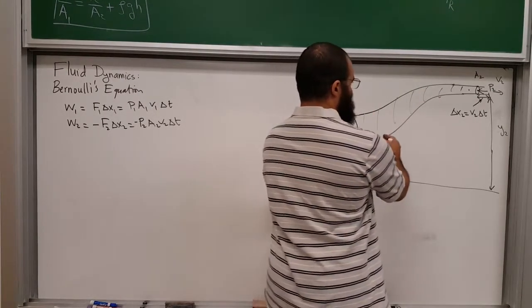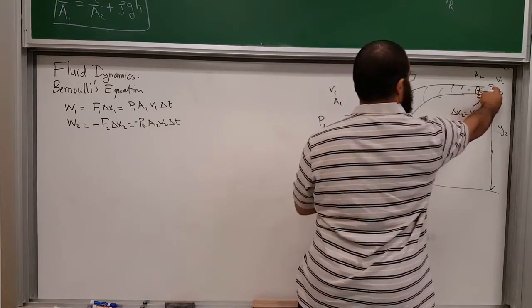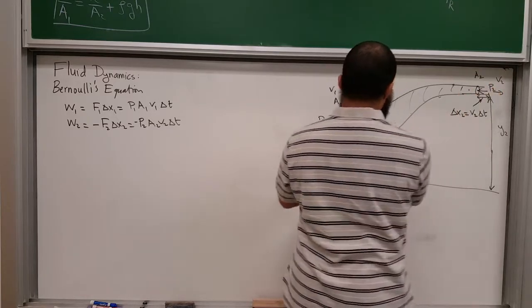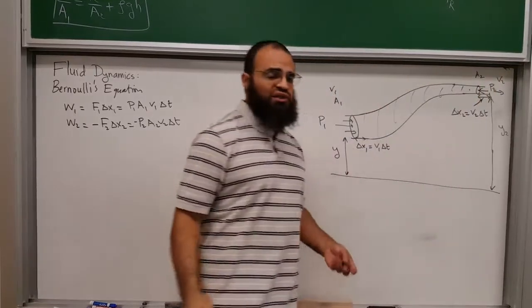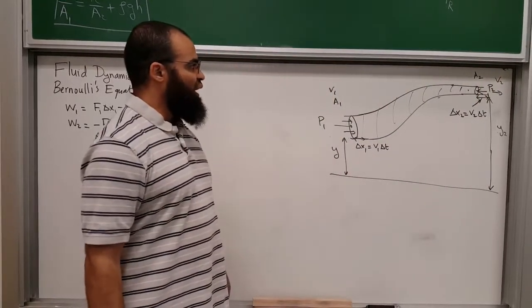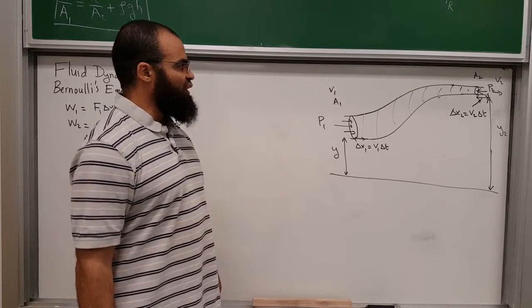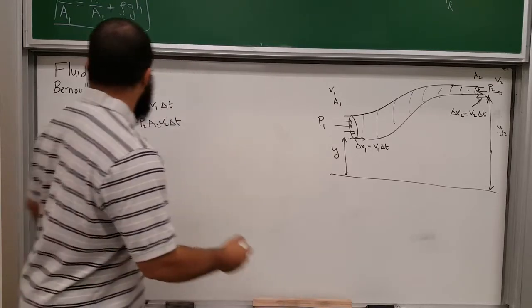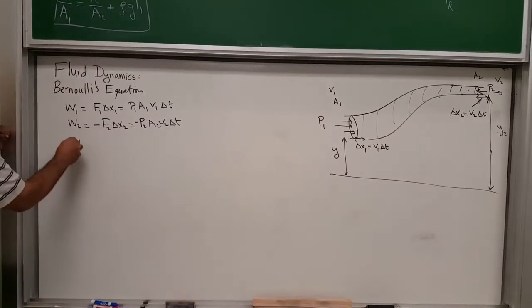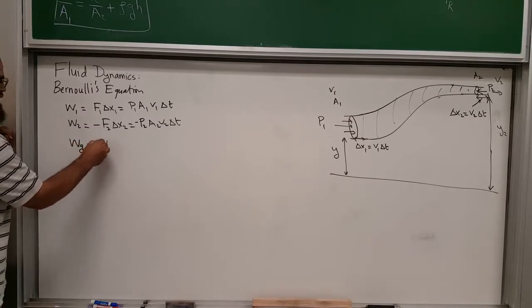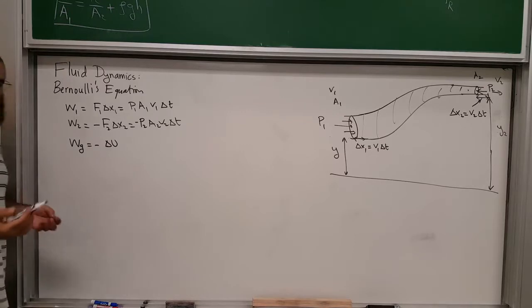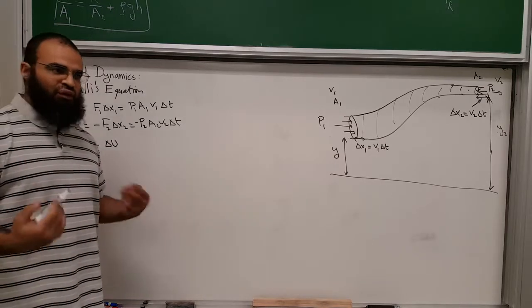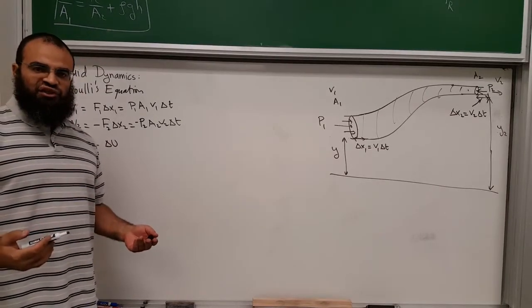Well, the fluid moved a little bit here and here, so you can think of it as one piece of mass went from here all the way there. The work done by gravity will equal negative the change in potential energy. Okay? Remember, when gravity does negative work, the potential energy change is positive.